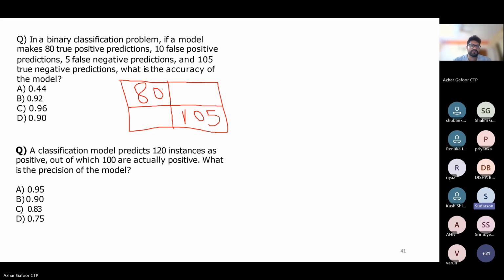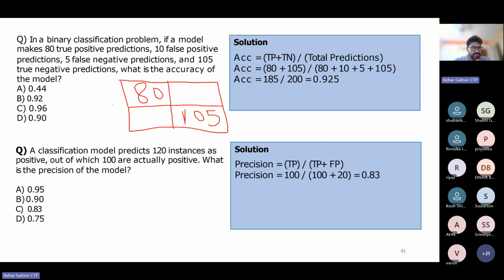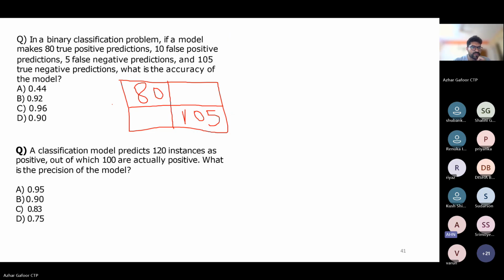What will be in the top right? Is it 5 or 10?